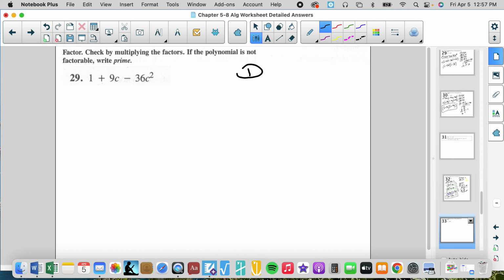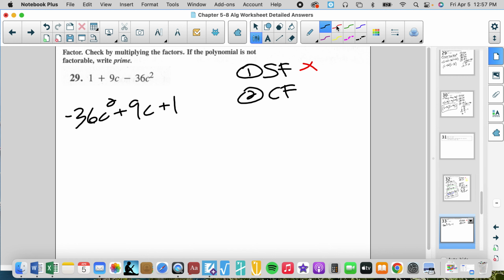So standard form. No, it's not in standard form. Negative 36c squared plus 9c plus 1. Is there a common factor? Yes. You have to factor out a negative. So we have to factor out a negative because our first term can't be negative. 36c, when we factor out, that changes all the signs in there.